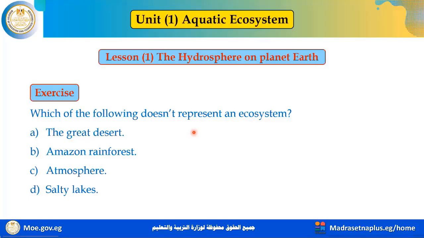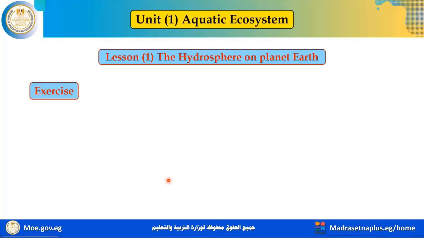Again, which of the following doesn't represent an ecosystem? The Great Desert, Amazon rainforest, atmosphere, salty lakes. Yes, excellent. I hear somebody say atmosphere. You are right. The atmosphere.